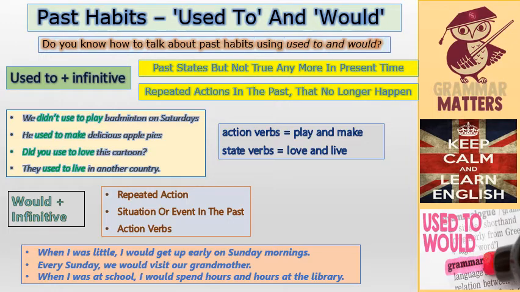There are no examples here with verbs in stative form. You cannot use this to describe past states. So, if you want to use a stative verb, used to is the choice. Get up is an action verb. Would visit is an action verb. Spend hours and hours at the library is also an action verb.